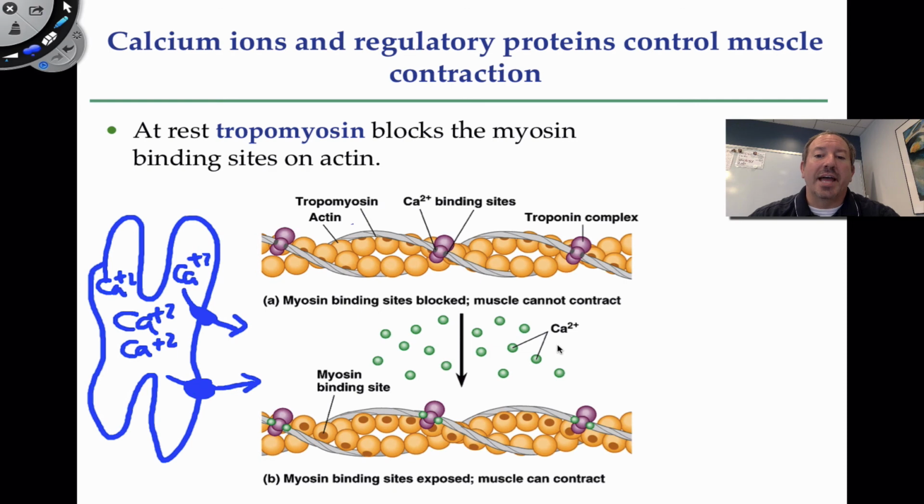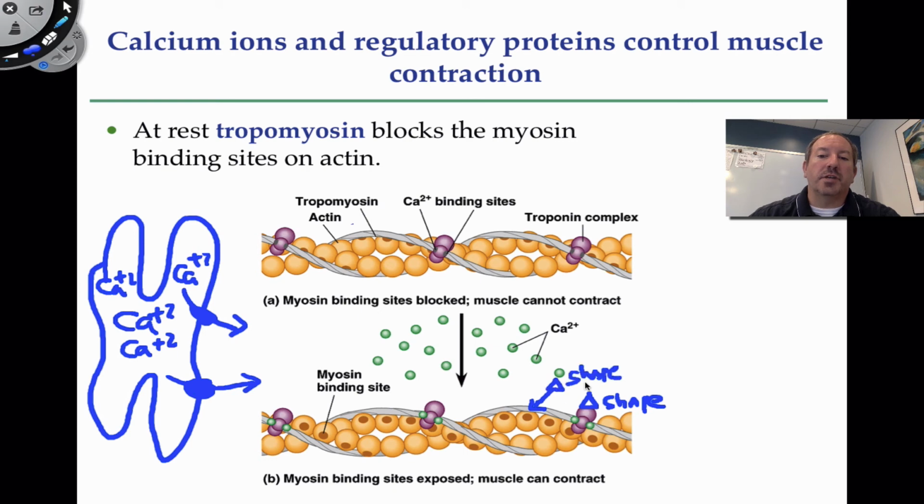And so check this out. Calcium binds to troponin. And so when calcium binds to troponin, it changes the shape of troponin. Delta means change. It changes the shape of troponin, which then changes the shape of tropomyosin.